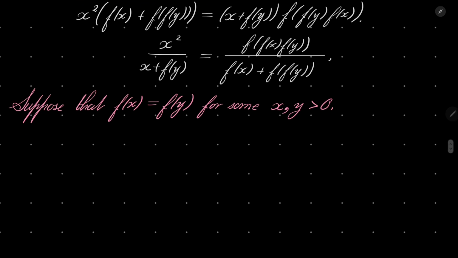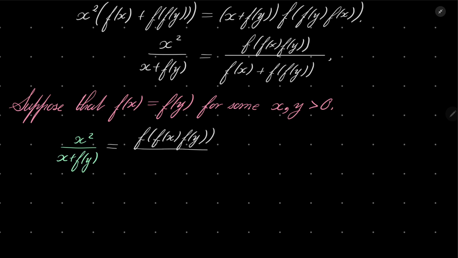Okay, and now we'll do the following. Notice that x squared over (x + f(y)) is the same, as we know, as f(x) times f(y) over (f(x) + f(y)).